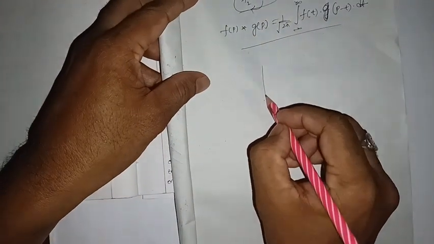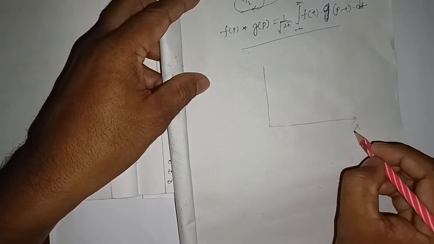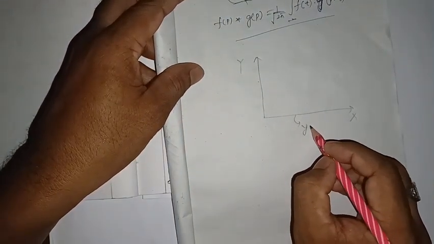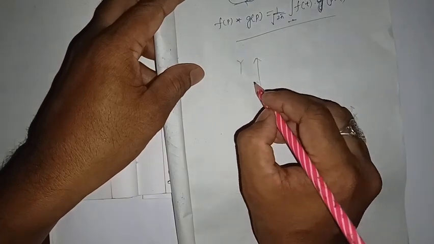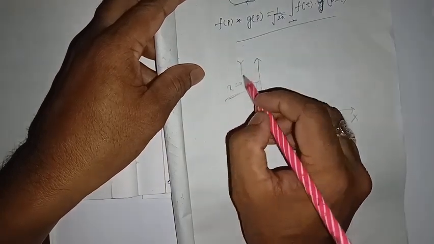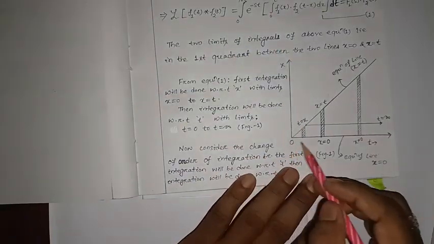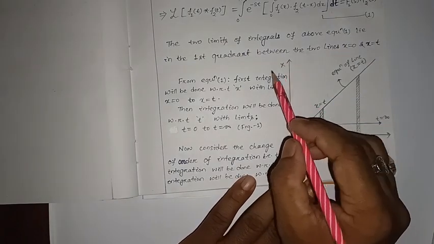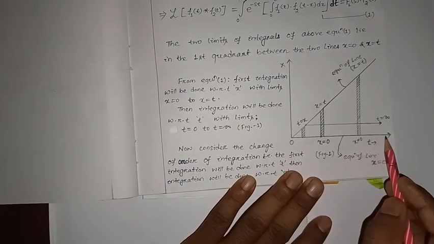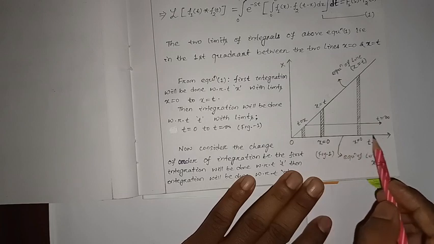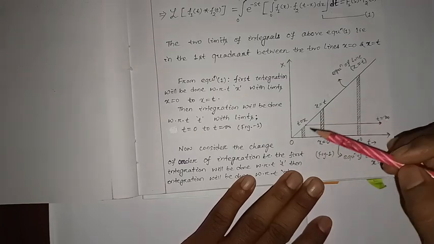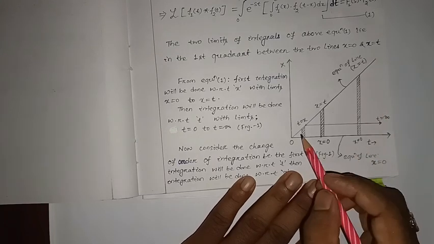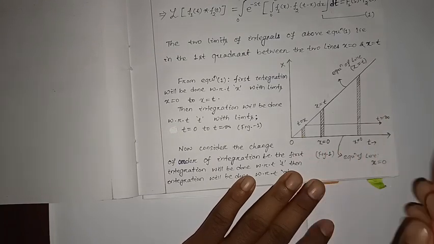If we consider this as the x-axis and this as the y-axis, then this is y equal to 0, the equation of the x-axis, and this is x equal to 0, the equation of the y-axis. So with t along this axis and x along this one, the equation of this line is x equal to 0, and x equal to t is this line, which is inclined 45 degrees with this axis.